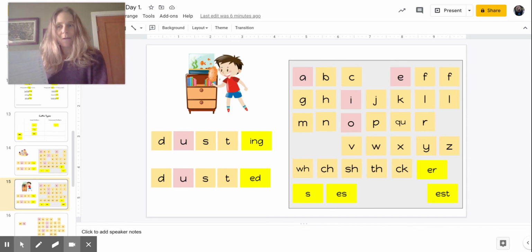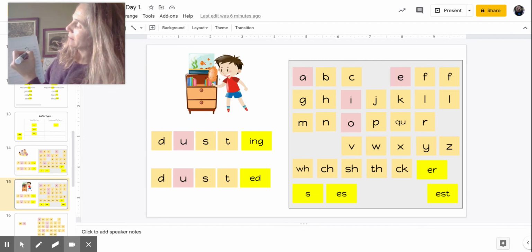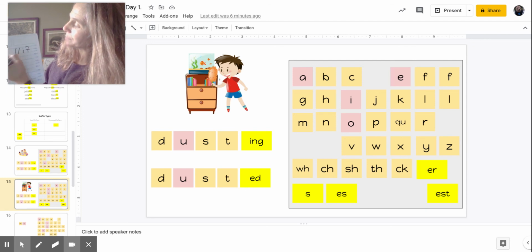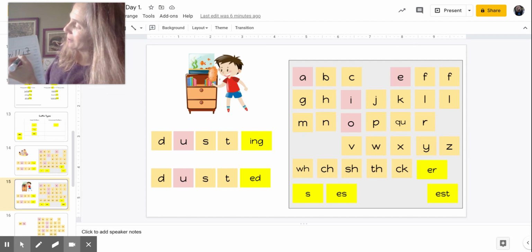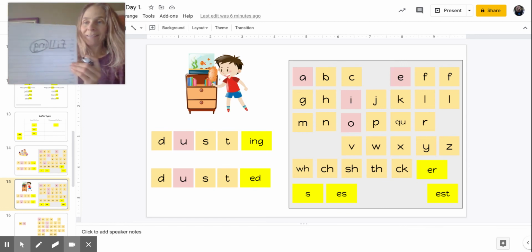I have a short vowel and an l sound. So yep, we need a bonus letter. So my base word is fill. And I'm going to add my ing, filling. Excellent. So I'm going to underline my base word and circle my suffix, filling. So it looks like that.